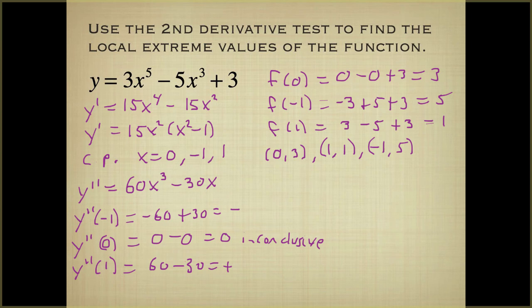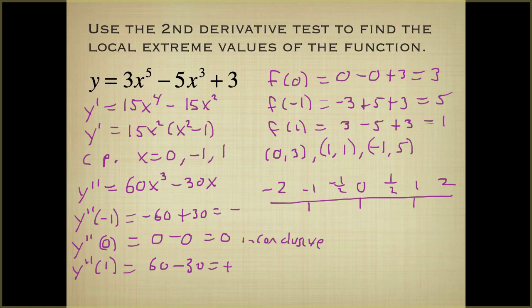Since we have this inconclusive piece, we are going to use a sign chart to see what's happening. So we have our critical points at -1, 0, and 1. And we would plug in, let's say -2, -1/2, 1/2, and 2.